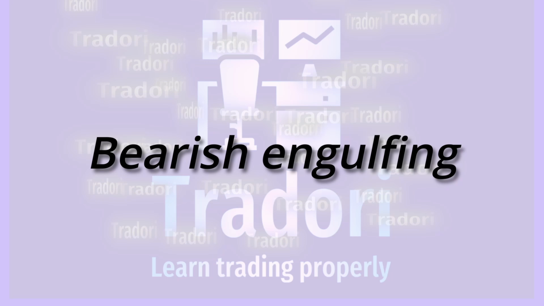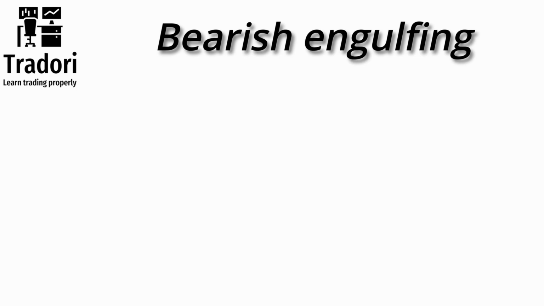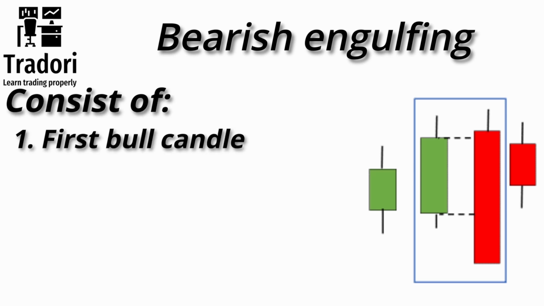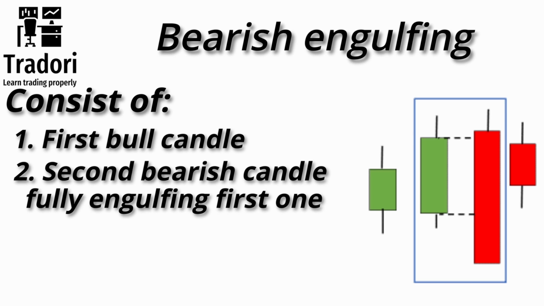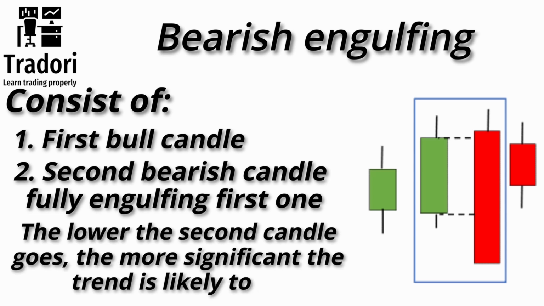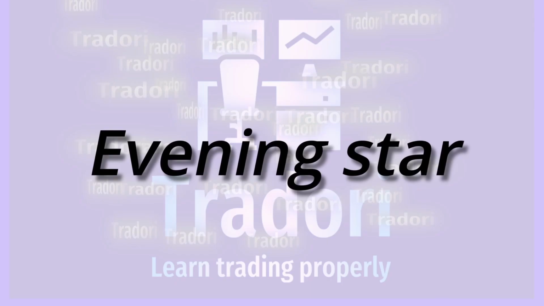A bearish engulfing pattern occurs at the end of an uptrend. The first candle has a small bull candle body that is engulfed by a subsequent long bearish candle. It signifies a peak or slowdown of price movement and is a sign of an upcoming market downturn. The lower the second candle goes, the more significant the trend is likely to be.